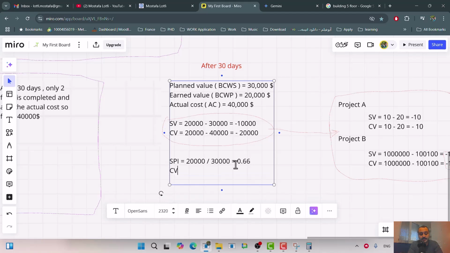And CPI is 20,000 divided by 40,000, equal to 50%, right?